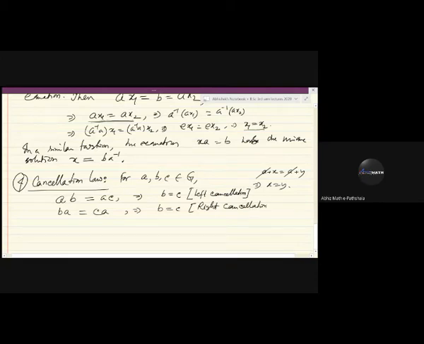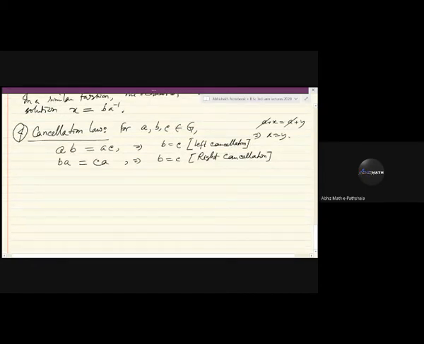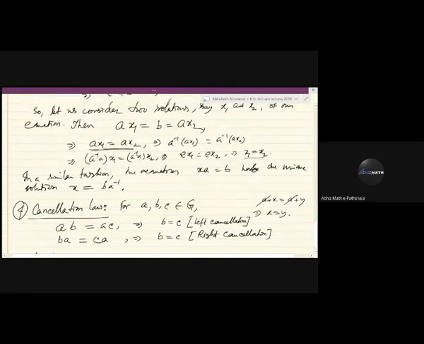So in a group you can prove that these two properties hold. I would like to leave this as an exercise because I have already put an indication of this proof here.